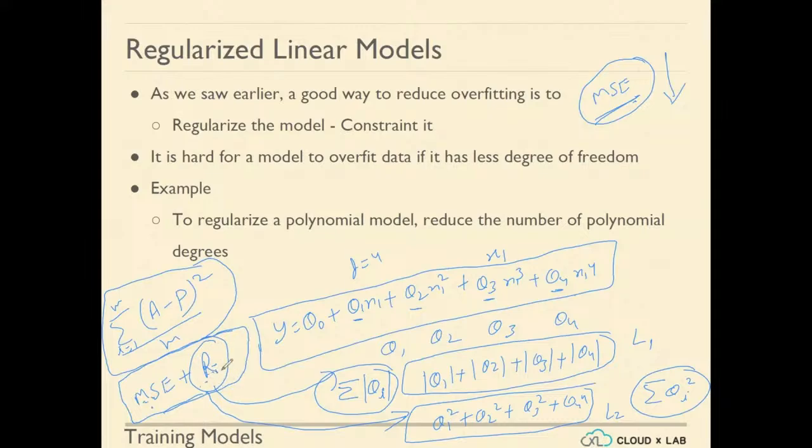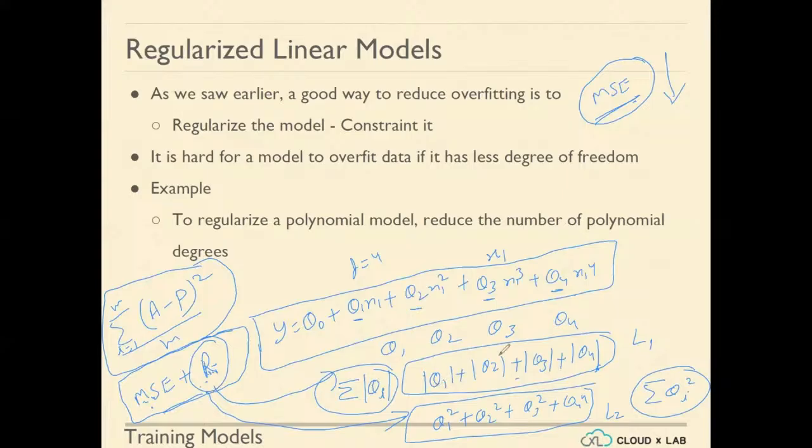So when can this regularization term become small? When these values, theta 1, theta 2, theta 3, theta 4, are small, right? Because we have added the magnitude of these theta values in this regularization term. Either you can use L1 norm or L2 norm, or any other distance metric for regularization.